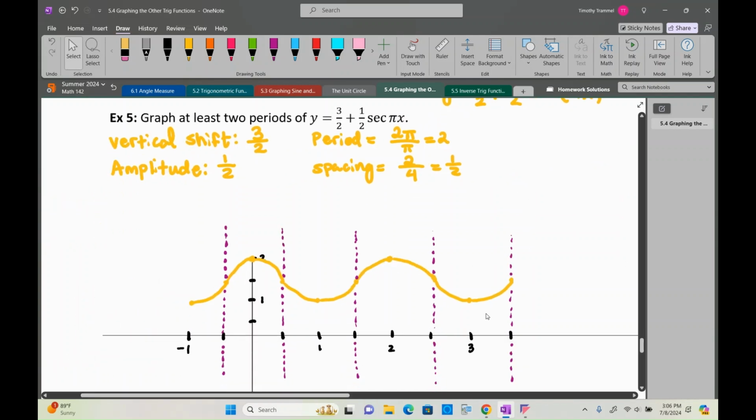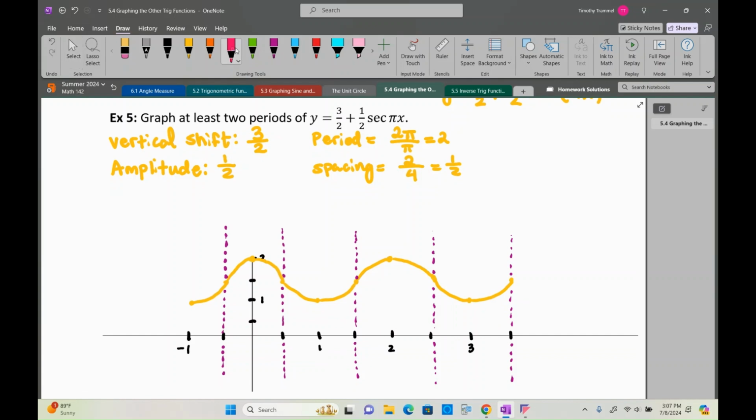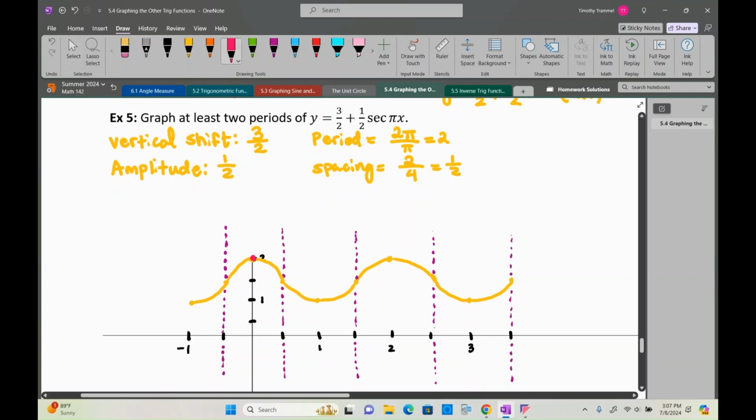Okay. So now all we have left to do is to make those little U shapes that we were talking about.